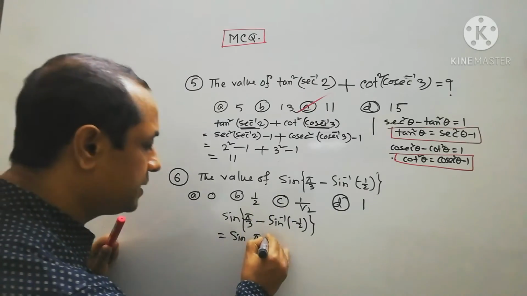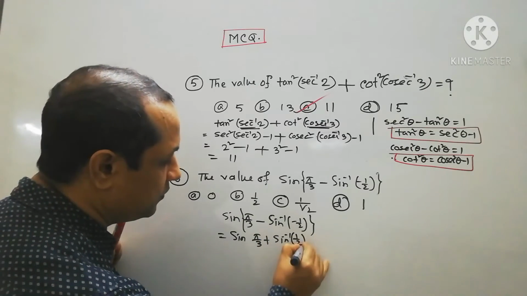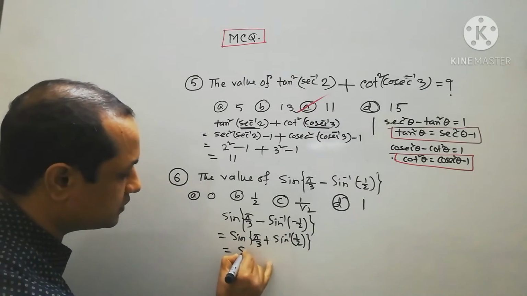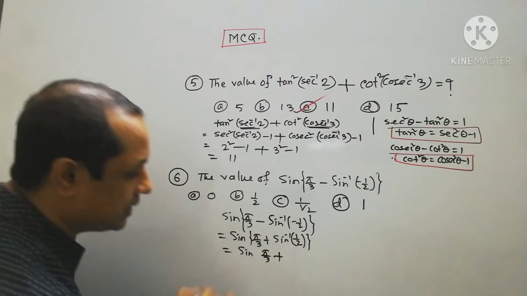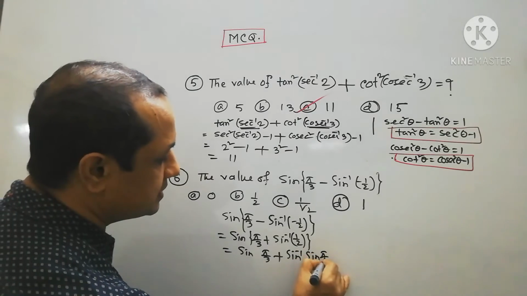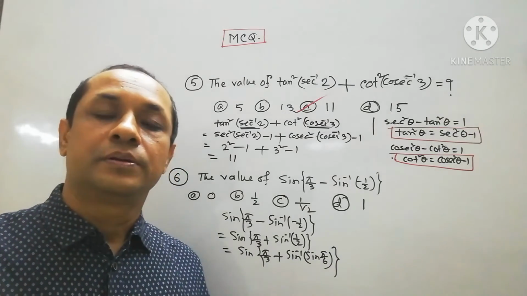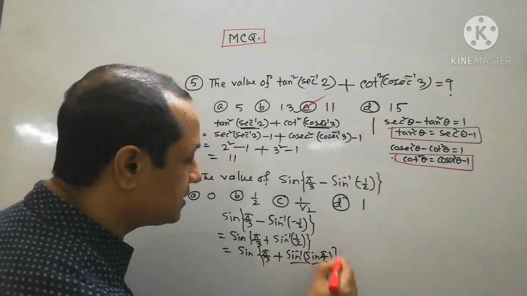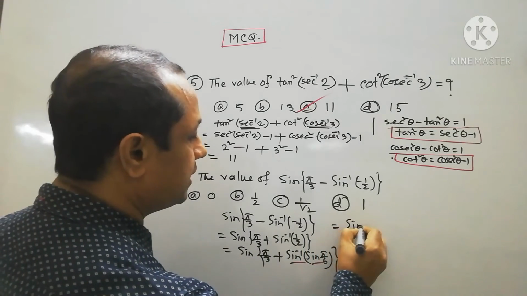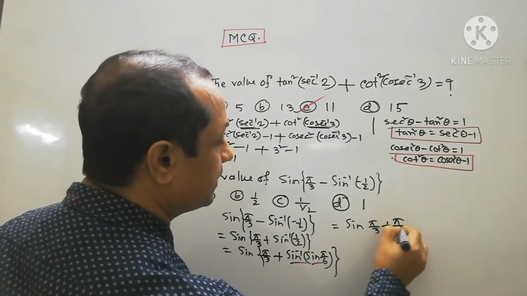So minus minus is plus. So student, sine inverse half. We know that sine pi by 6 equals half. So sine and sine inverse cancel. Then we can write pi by 3 plus pi by 6.